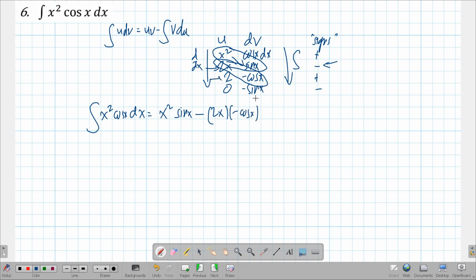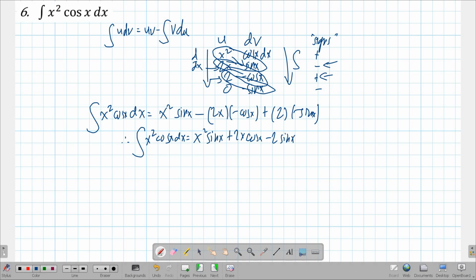And then here it's plus, and this is what we multiply, plus 2 times negative sine x. So simplifying this all together, the integral of x squared cosine x dx is equal to x squared sine x plus 2x cosine x minus 2 sine x plus c.